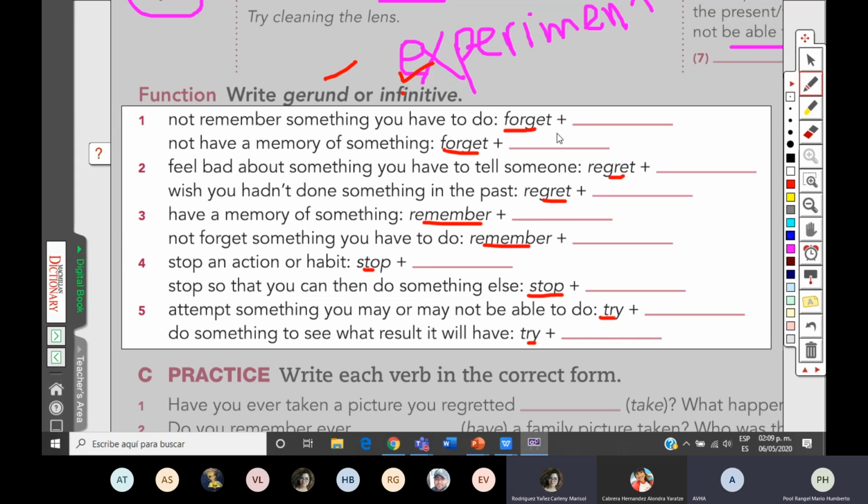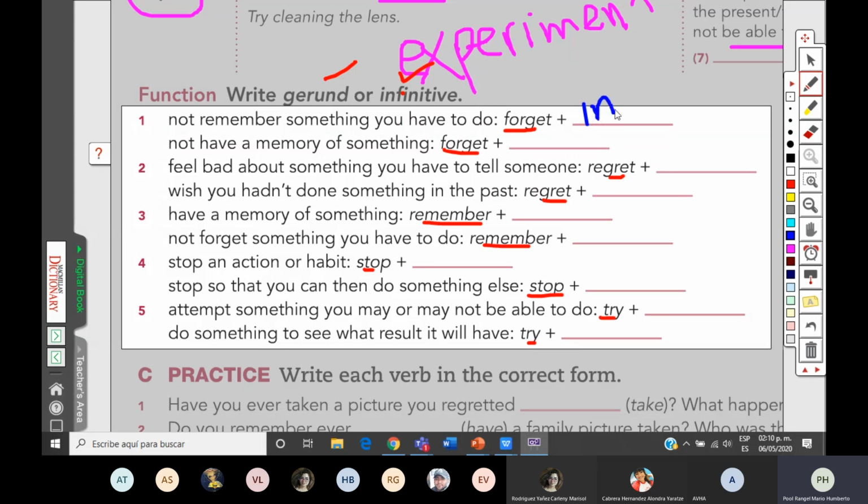Y dice, forget para not remember something you have to do, like an obligation. To not remember something you have to do es forget with infinitive or forget with gerund.